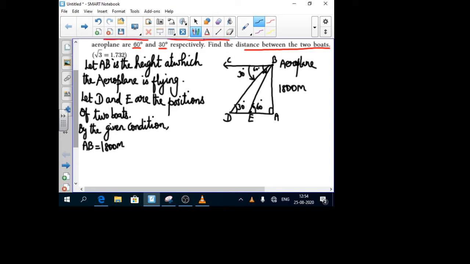Next, angle CBD. Taking alternate angles, angle CBD is equal to angle BDA. That is equal to 30 degree.